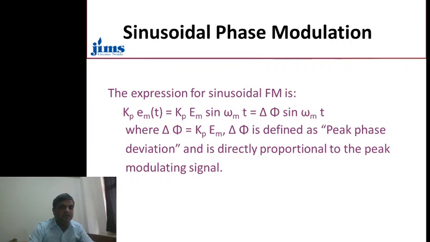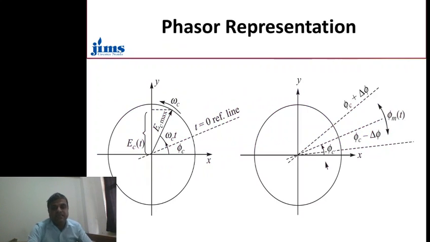Just take the second term, which shows the modulation, and then they try to prove that it is directly proportional to the peak modulating signal. The actual expression of the FM signal is given in the previous slide. The first term is the carrier, so here we remove this carrier term so that it is directly proportional to the peak modulating signal. These are again the phasor representation of the wideband FM.